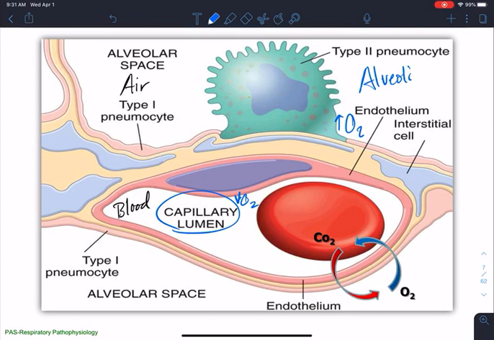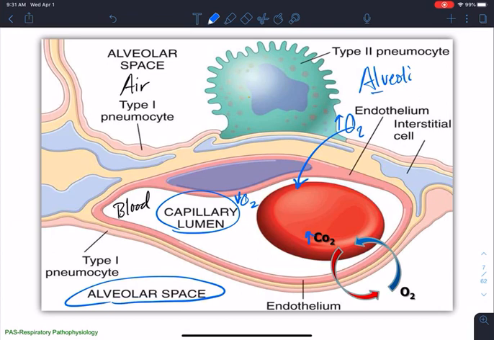And so oxygen will flow from high to low concentration and go into the capillaries, where it's going to get into a red blood cell and join with hemoglobin, whereas CO2 levels will be high there. Here's another alveolar space down here, by the way.